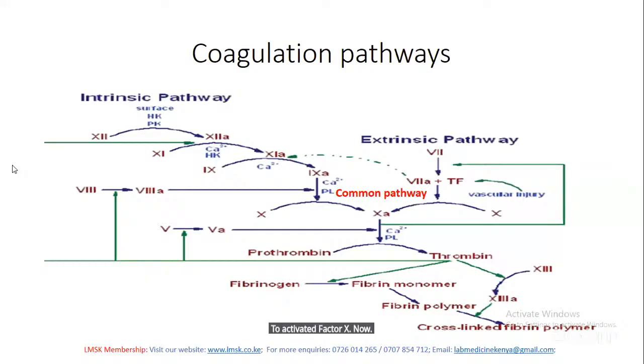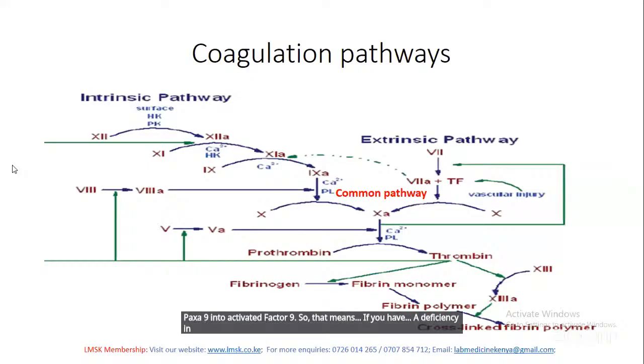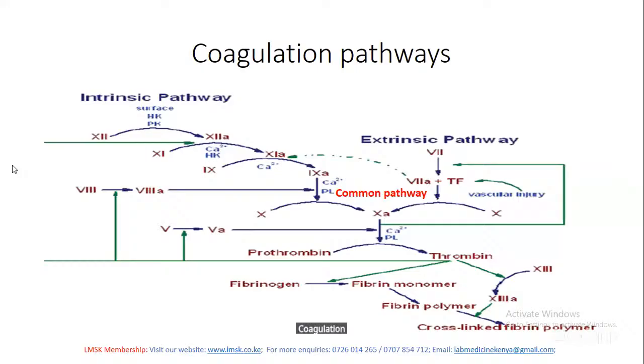Now, you can also realize from the diagram that activated factor 7 also has the ability to activate factor 9 into activated factor 9. So that means if you have a deficiency in factor 9, the coagulation pathway may still proceed.